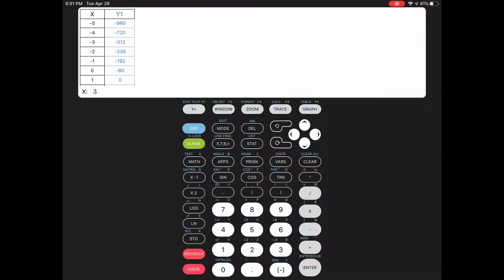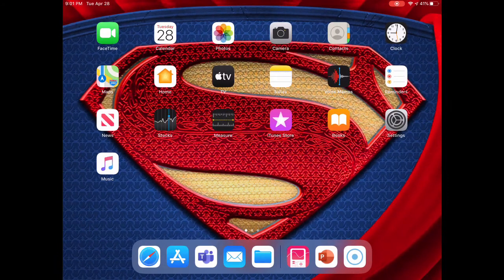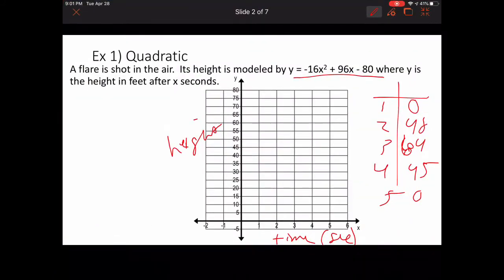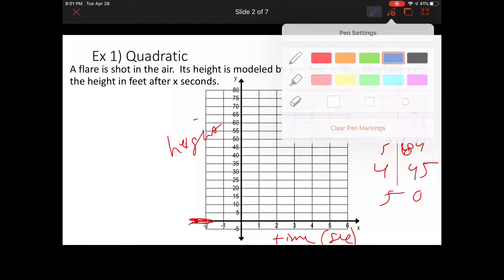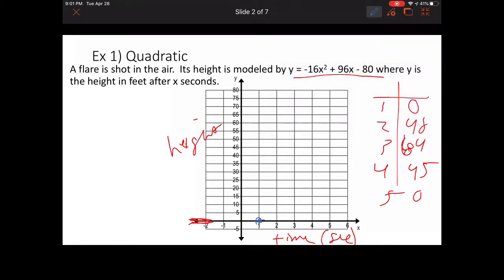But once you get to 0, if you think about the scenario, if this is the height of something, this is the ground. So that means once it's launched, it's going to hit the ground. So all I really need to do is plot these points. I'm going to change colors so you can see what I'm doing here. Here's 1, 0.